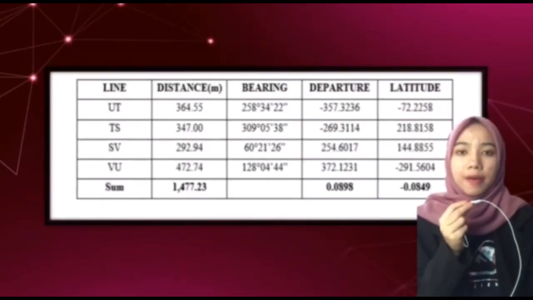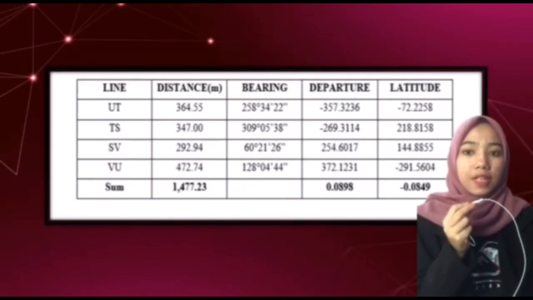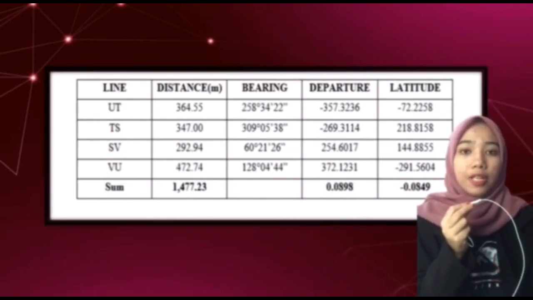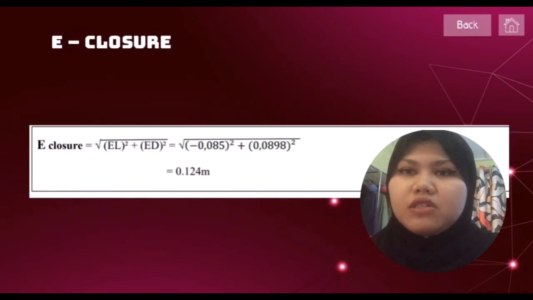The sum of the distance is 1477.23 meters. For departure it is 0.0898, and for the latitude it is negative 0.0849.